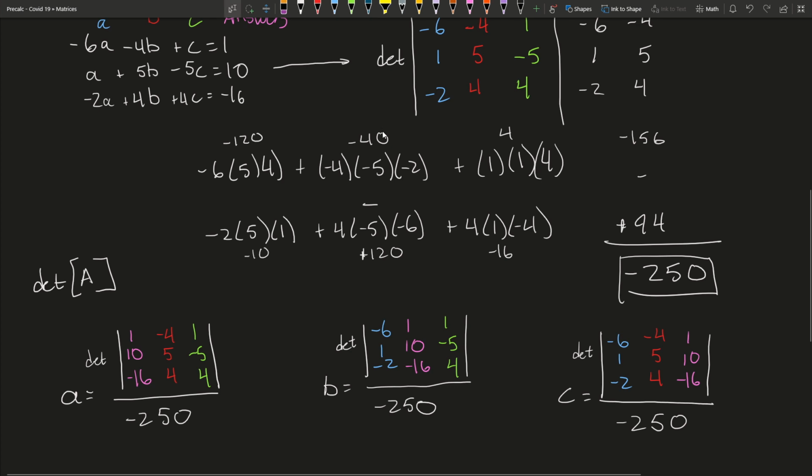Okay. So I think for answers here, let me see. Should get 0, -1, and -3. So that means the determinant of this numerator is 0.